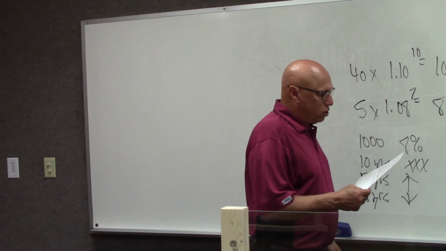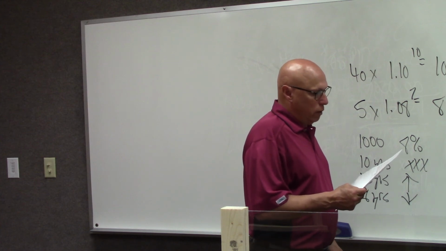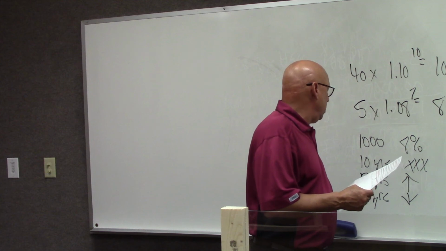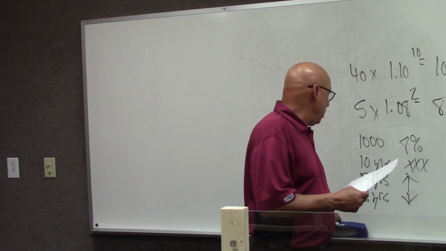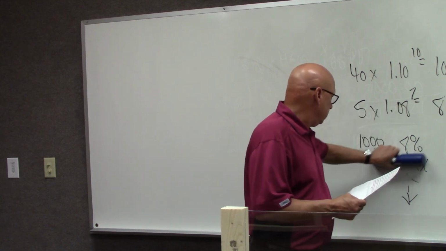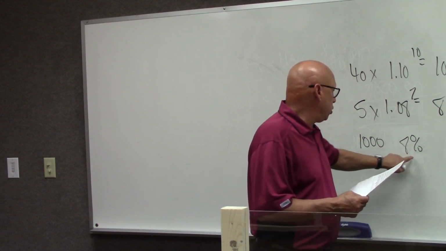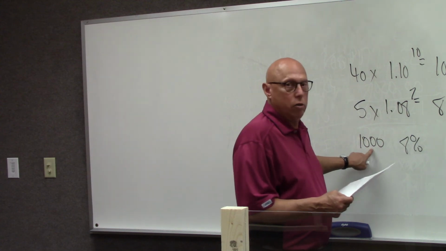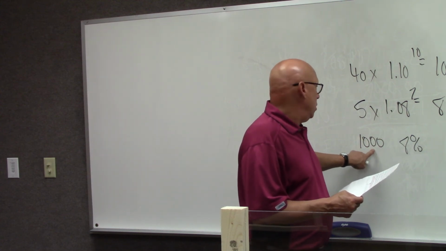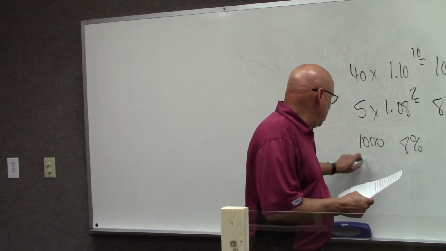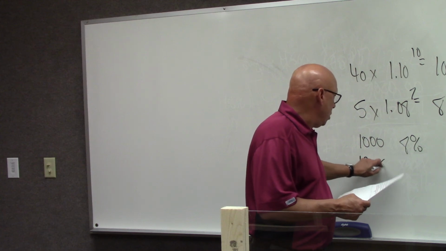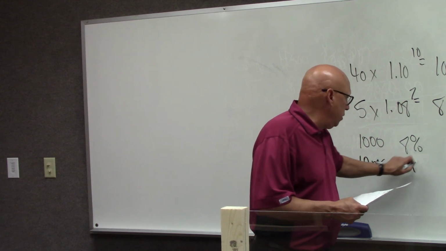All right, what happens to the beginning amount if you have a shorter investment time frame and a targeted ending amount? So your target ending amount is $1,000, earning 8%. If it's going to be in for 10 years, then you're going to have a certain amount invested.